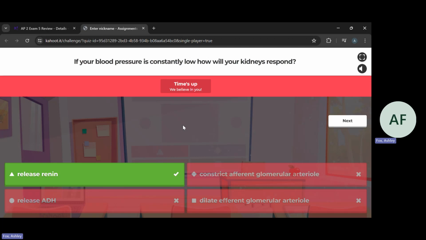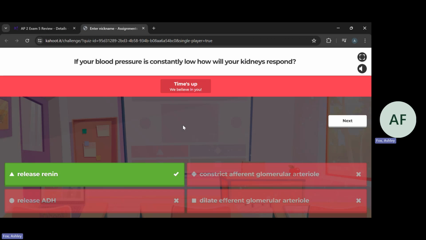So we just talked about dilating the afferent glomerular arteriole if your blood pressure is low, but that's if it suddenly becomes low. If it's consistently low, where you have chronic low blood pressure, that's when your kidneys are going to release renin. And remember, renin is converted to angiotensin 1 and 2, and then release aldosterone.